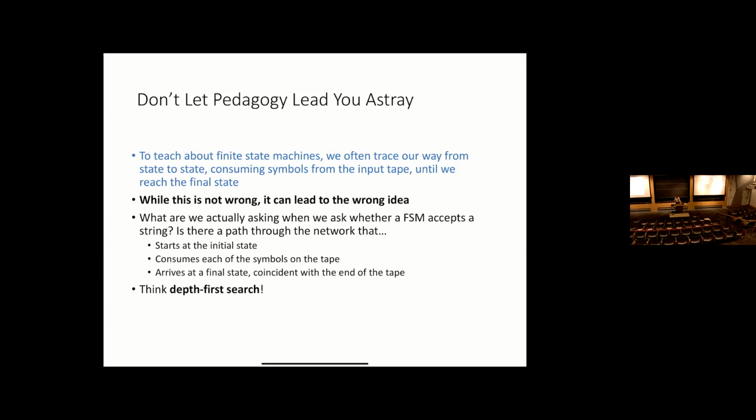It's rather better to think about these things in terms of something like depth-first search. So you're going through the whole network, trying to find a path through the network that allows you to start at the initial state, consume the whole string by going across transitions that consume each of the symbols, and that arrive at a final state coincident with the end of the tape.